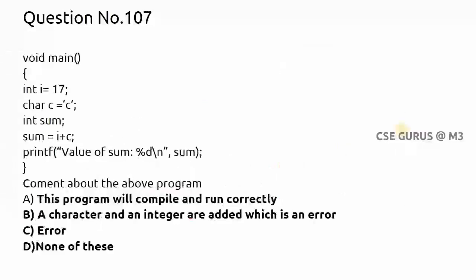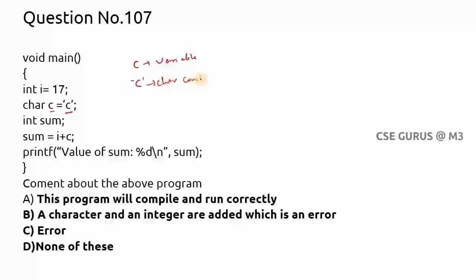Now question number 107. I equals 17, and that is an I variable which I have taken as integer, and C as a character data type, and I assign the character constant as C. See here, this C is a variable and this C is a constant. Remember, if I write C here like this, it's a variable, and if I include this one in single quotes, it's a character constant.